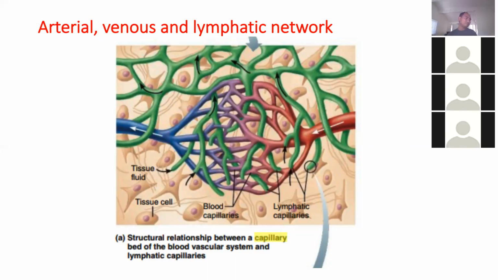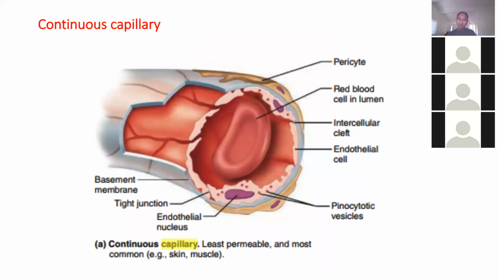That is the job. Just a reminder of the three capillaries you know. Number one is continuous capillaries. Continuous capillaries are made of flat, simple squamous epithelial cells, but in a blood vessel we call them endothelial cells.